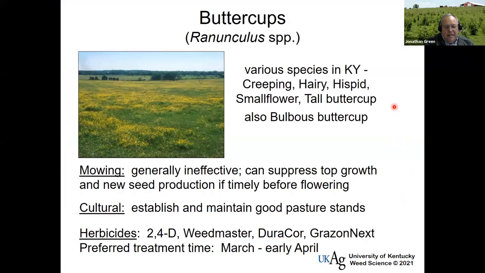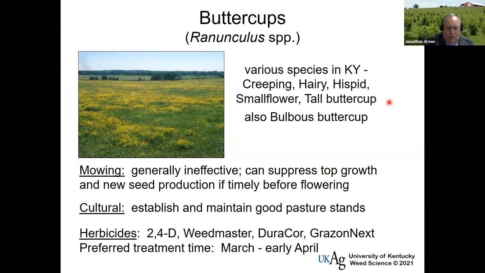There's some different species, and one of the challenges with the buttercups in the vegetative growth stages is that the leaf shapes can vary somewhat, and it may be a little more of a challenge to figure out that it is a buttercup until you do see flowers. But if you've had it in previous years, I can assure you, if you go and look now, you'll find buttercup.